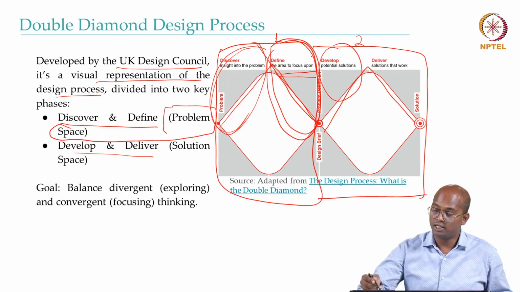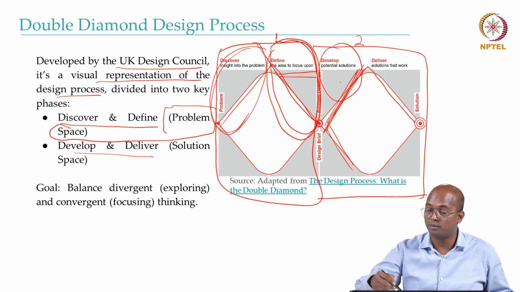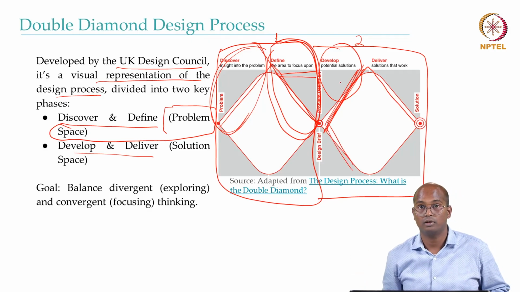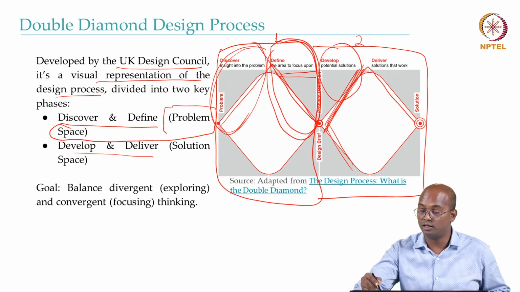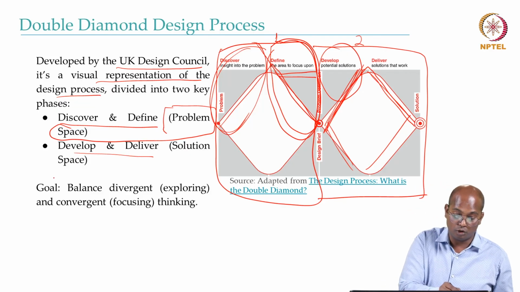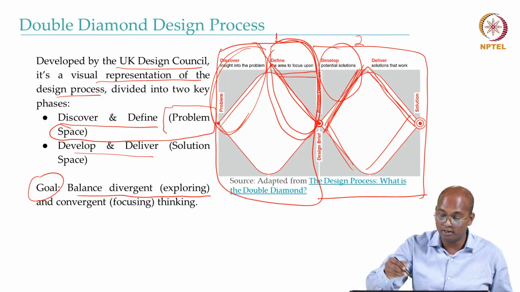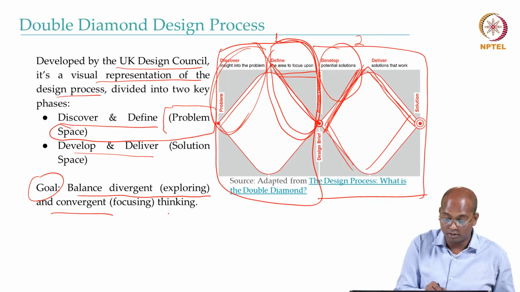So this stage is the divergence stage, as you can see. First, without much constraint, you try to think about all possible solutions, and in the convergent phase you try to finalize which one to finally go ahead with. So the goal is to balance divergent, that is called exploring, and convergent, that is focusing.